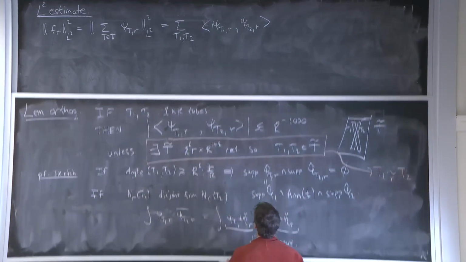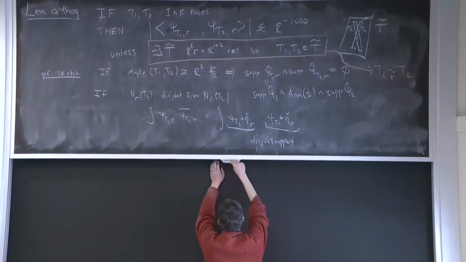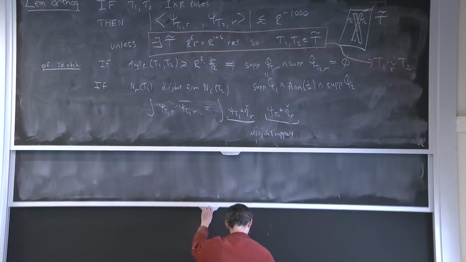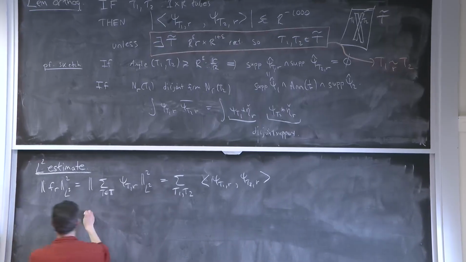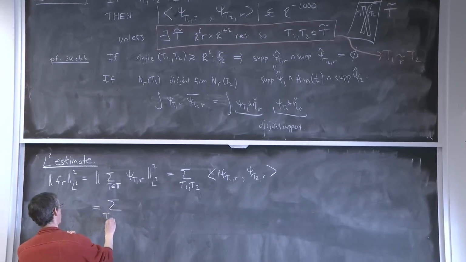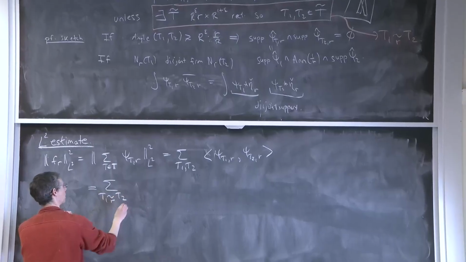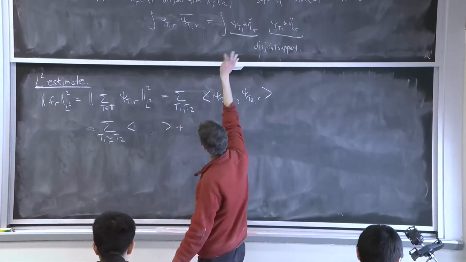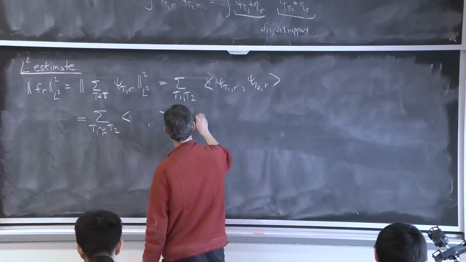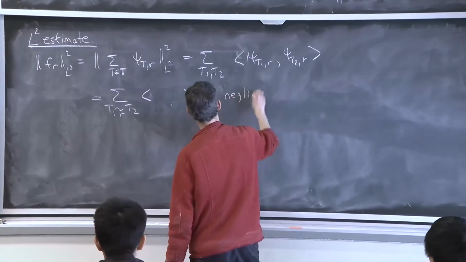OK. So let's look at our big sum of inner products. And I'll break it up into two parts. It's the sum where T1 is related to T2, inner product, plus the rest of them. And the rest of them are really tiny by the orthogonality lemma. So the rest of them are negligible.